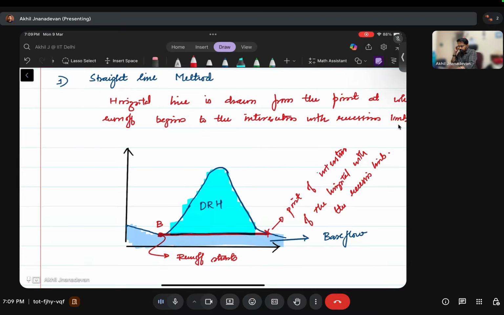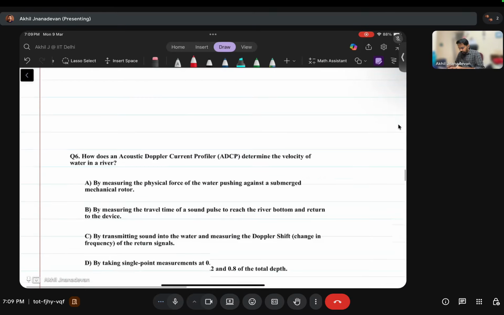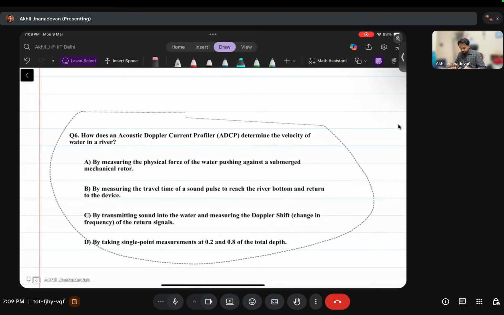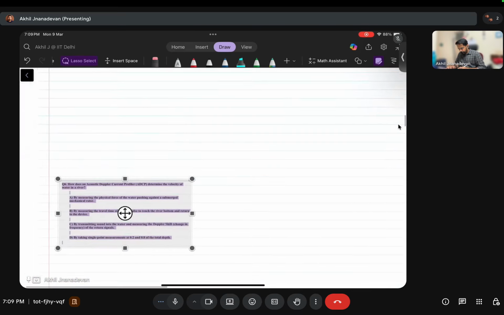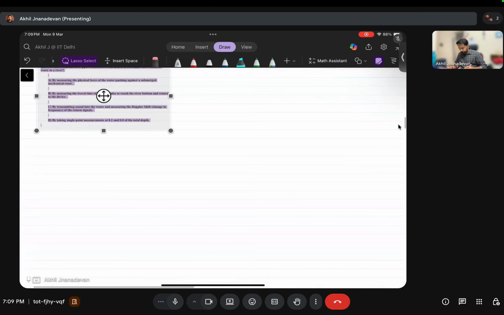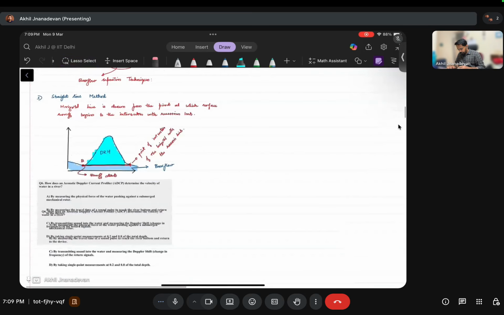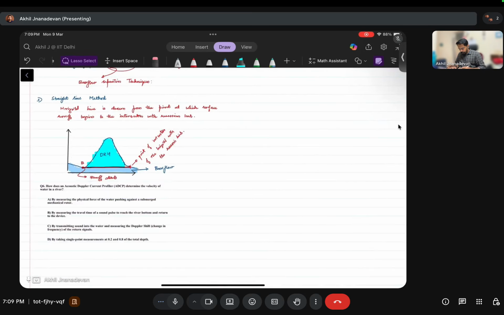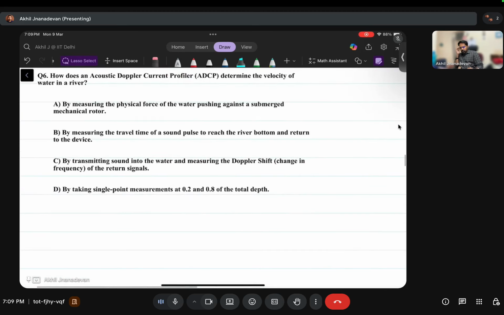Right. So we can move on to the final question in our MCQ type. How does an acoustic Doppler current profiler determine the velocity in a river?